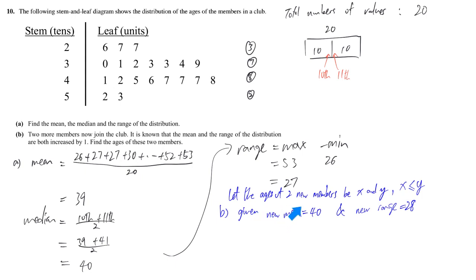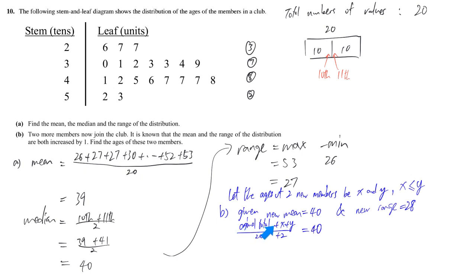And then we are going to interpret the new mean. The same as before, for the mean, we use the original total, and then this time we have 2 more values, so plus x plus y, and then divided by the new number of values. Originally we have 20 values, but now we have 2 more, so we should divide by 22 this time.